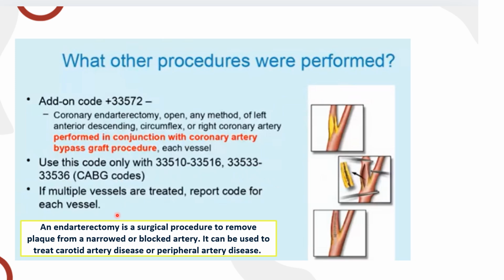If multiple vessels are treated, report the code for each vessel. Endarterectomy is a surgical procedure to remove plaque from a narrow or blocked artery. It can be used to treat carotid artery disease or peripheral artery disease. So along with the CABG, if we have done any of these procedures, we need to report that separately.